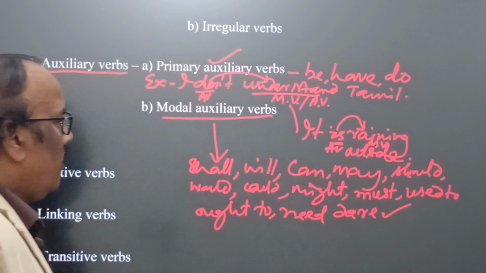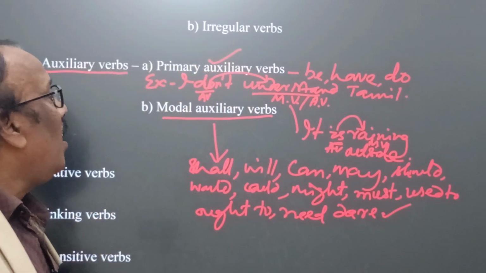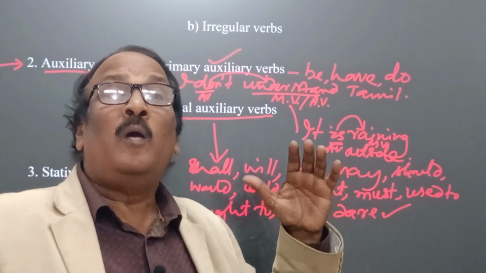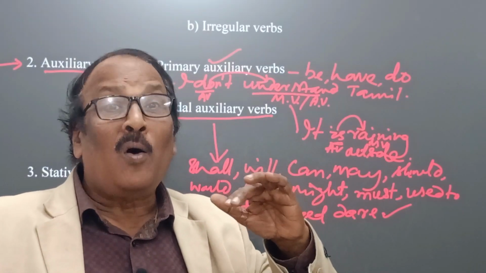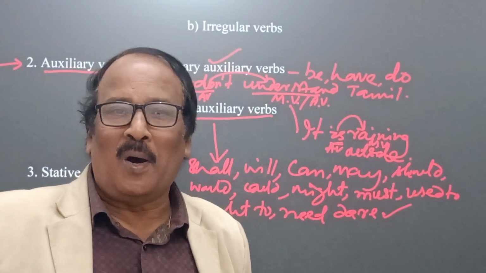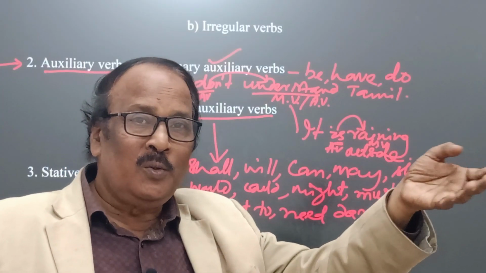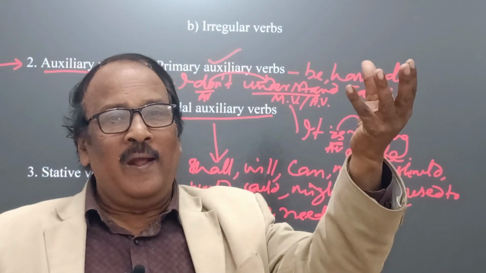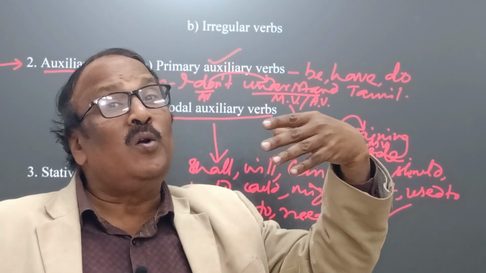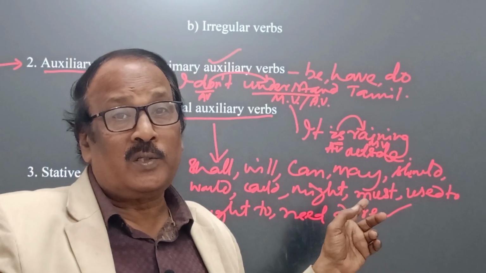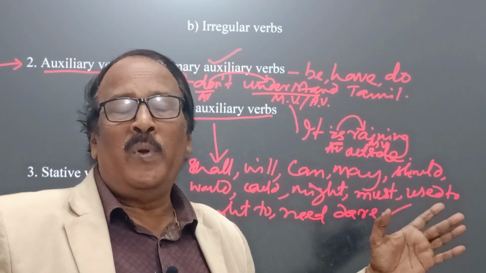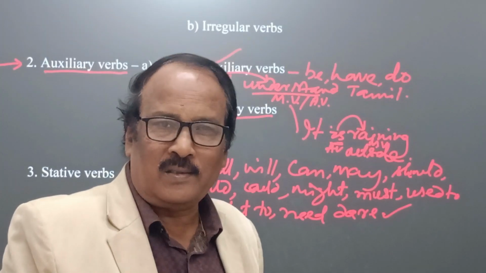These are the examples of modal auxiliary verbs. These verbs express the mode of action of the main verbs. They have no dictionary meaning, but they are used to qualify the main verbs in expressing complete meaning. They will be discussed very vividly in subsequent classes.